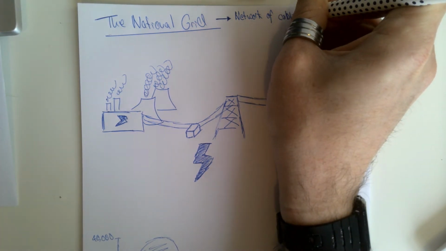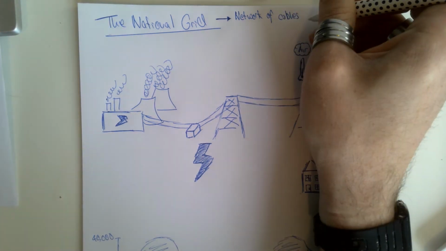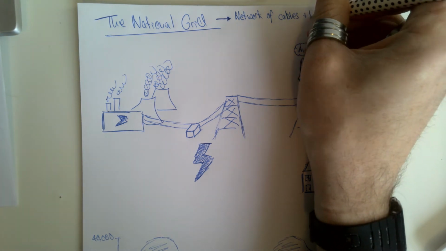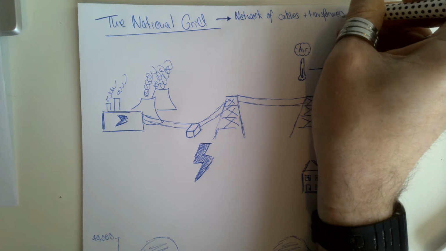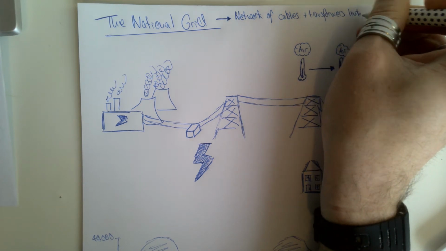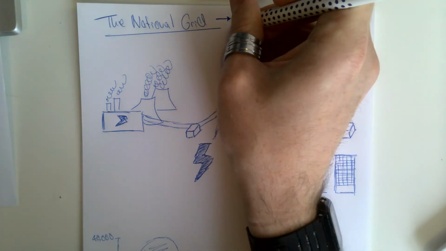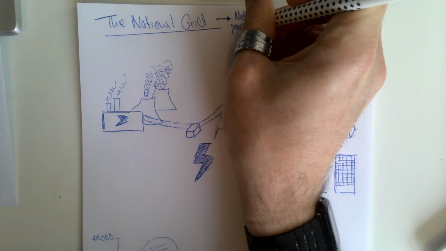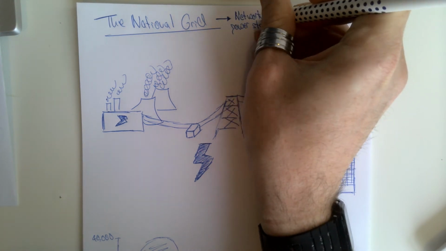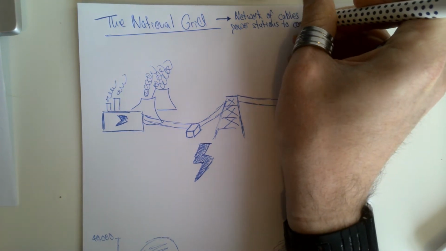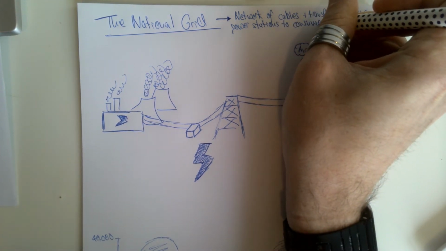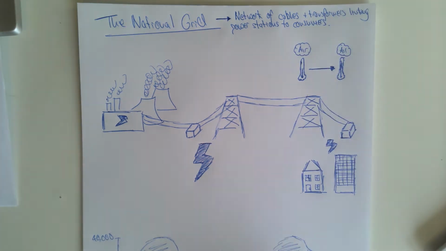We'll come to what a transformer is in a minute. Cables and transformers linking power stations to consumers. So that's what we mean overall by the national grid.